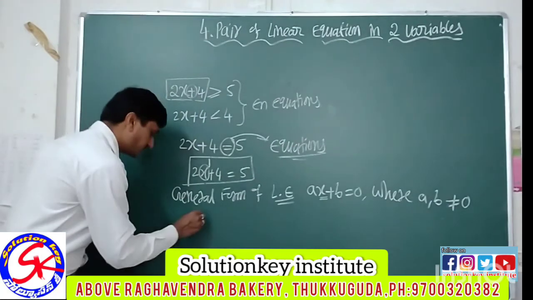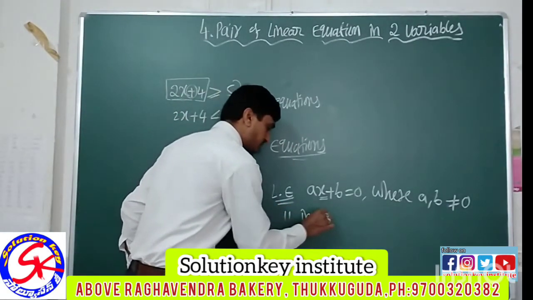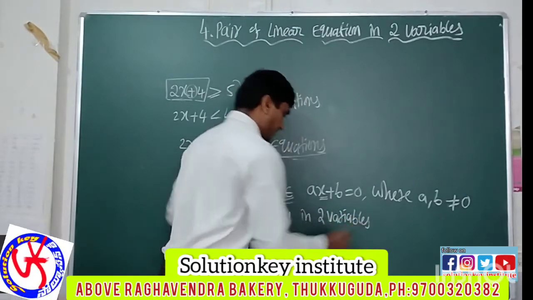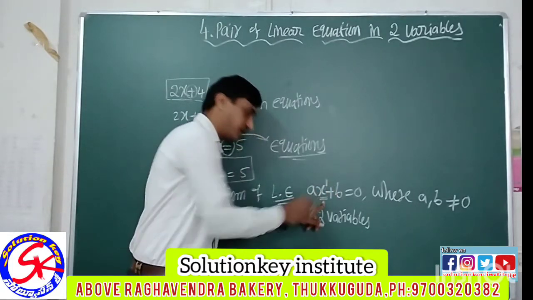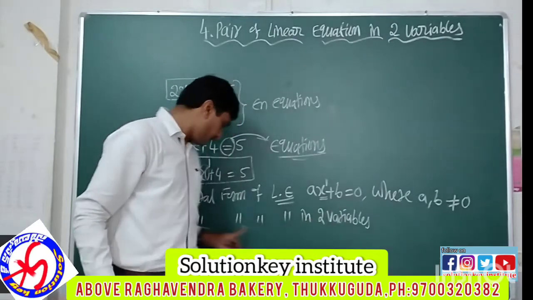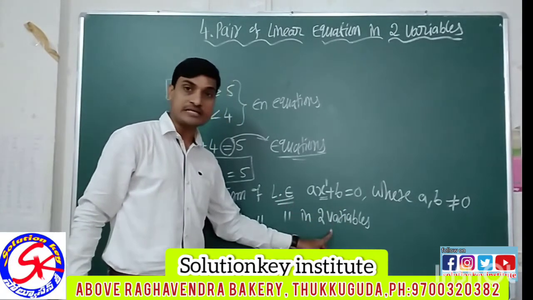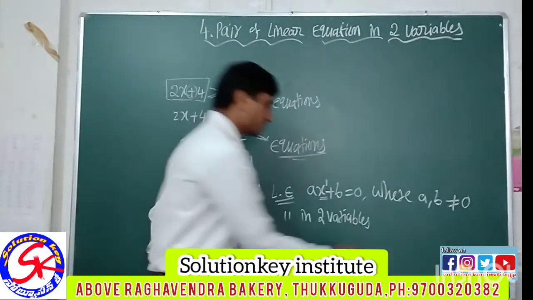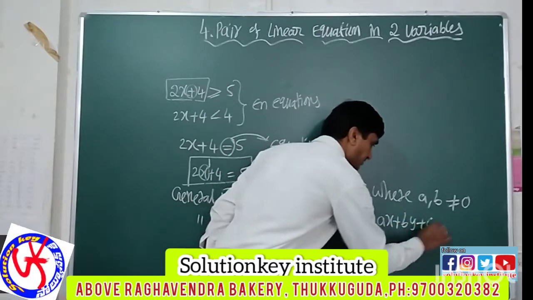How to write the general form of a linear equation in two variables? I am writing just now two variables. It is also a linear equation. Why? Because the highest degree is 1. Then it is a linear equation or linear polynomial. Here I am taking the same general form of linear equation, but in two variables. How to write it? ax plus by plus c is equal to 0.